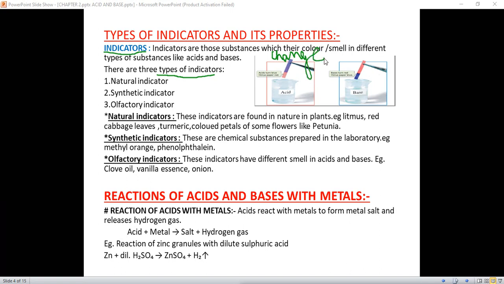Indicators are those substances which change their color or smell in different substances like acids and bases.